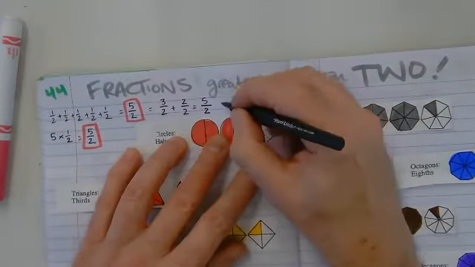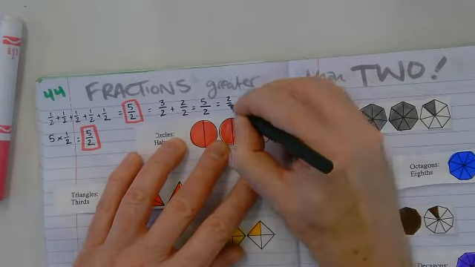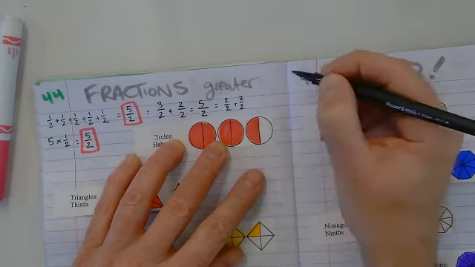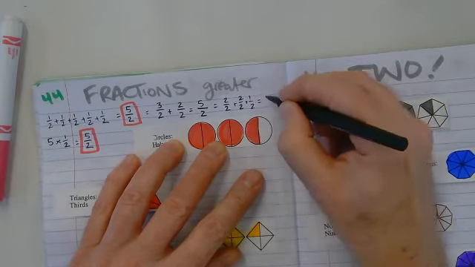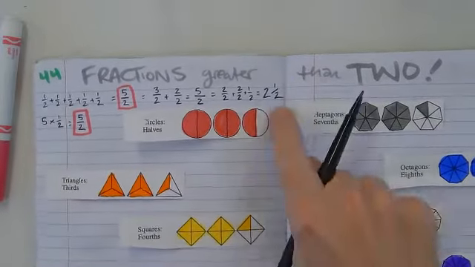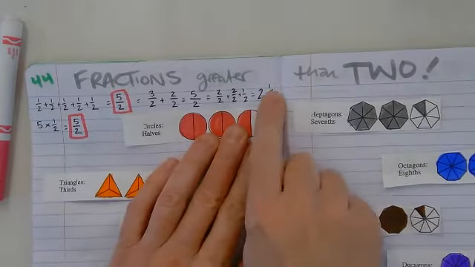So 5 halves, and again, if you remember, you have 2 halves, which is 1, plus another 2 halves, which is 2, and a half. And that equals 2 and 1 half. And I'm on some tape. That's a drawback about tape.